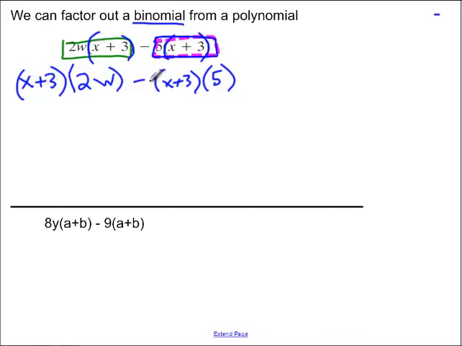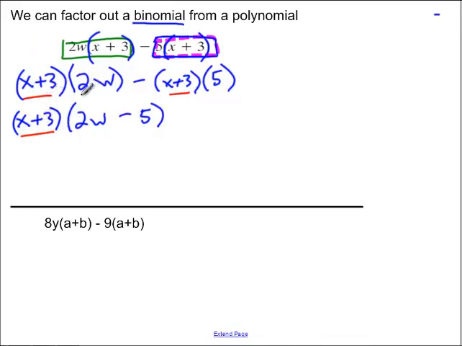So we've taken a step and said, let's pull it out into the front part of each of the terms. And now we can use the distributive property in reverse. The factorization would be x plus 3 times whatever's left, 2w minus 5. So our factorization includes x plus 3, our factor right there that we've pulled out using the distributive property.